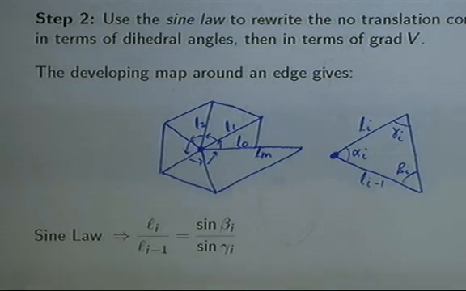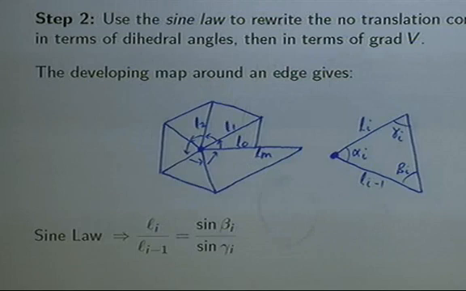So if we take one of the triangles around the centre, it looks something like this. We've got some angles alpha i, beta i, gamma i. And this comes from a kind of cross-section to a cusp in one of the ideal tetrahedra. The way I've labelled it here would have length L(i-1) on the bottom, length Li on the top. Now we can just use the sine law.